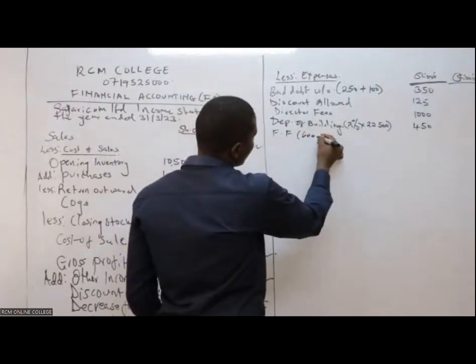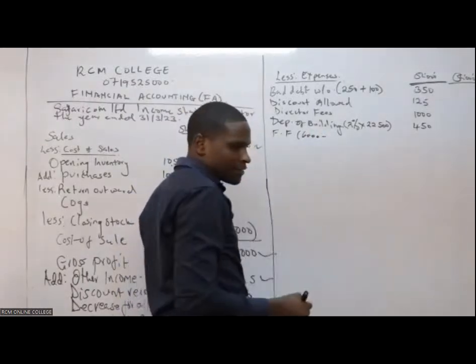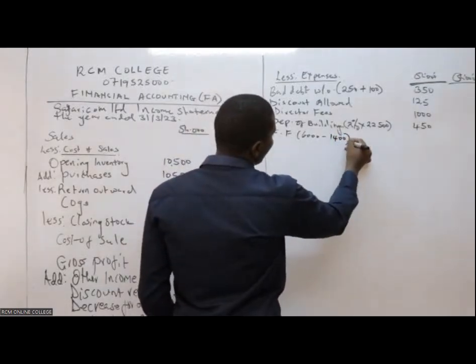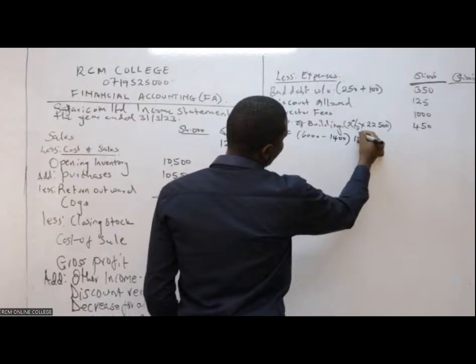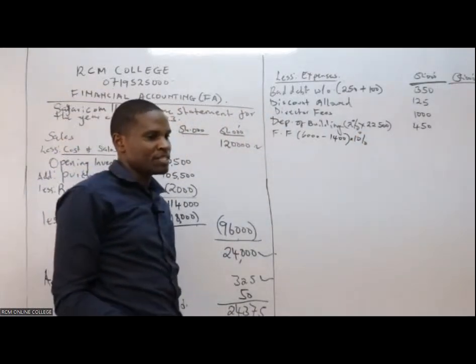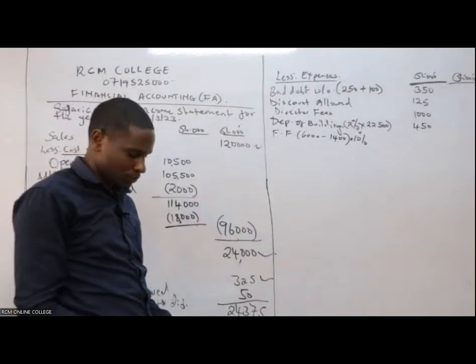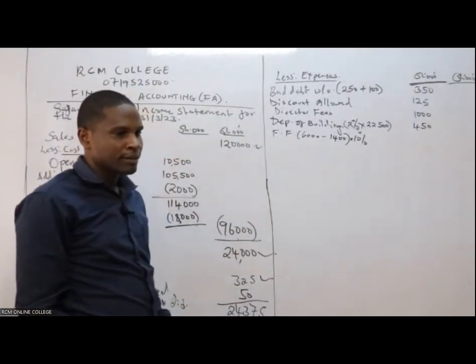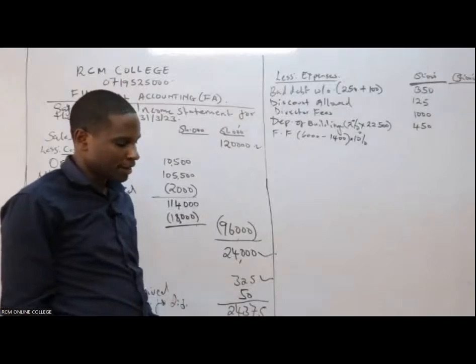6,000. Reducing balance, you have to take cost minus accumulated depreciation, which is 1,400. Then you find what? 10% of the difference. What is the depreciation of furniture and fitting? Acha nione nani anapatia pale.